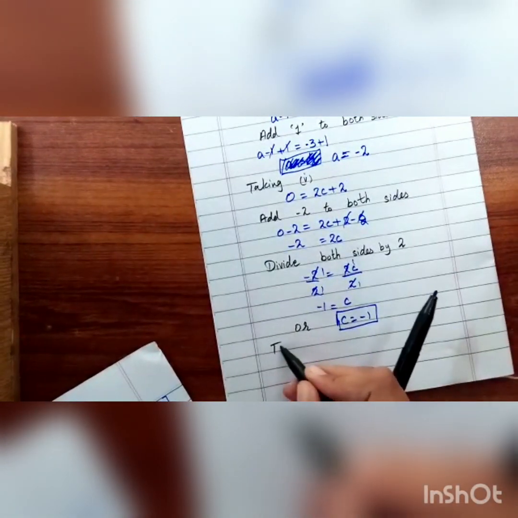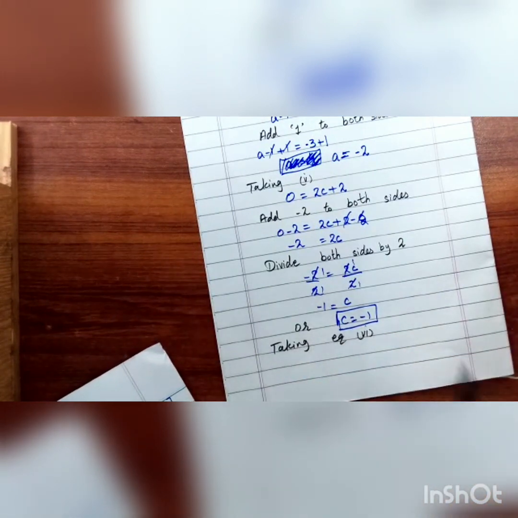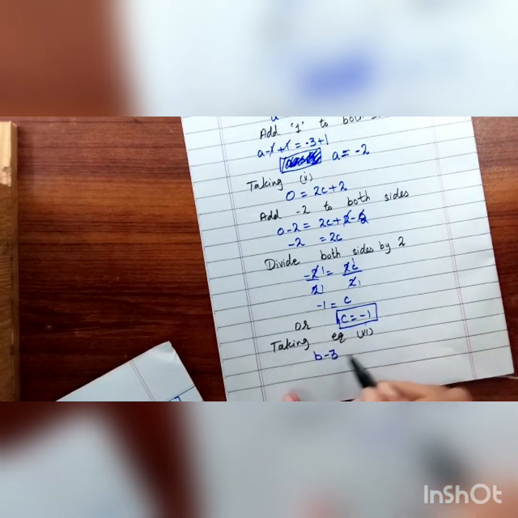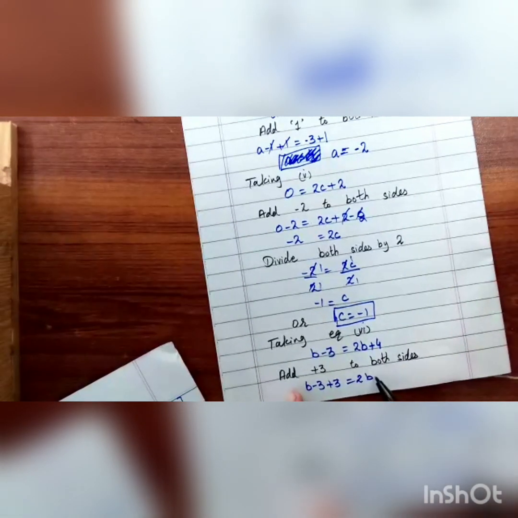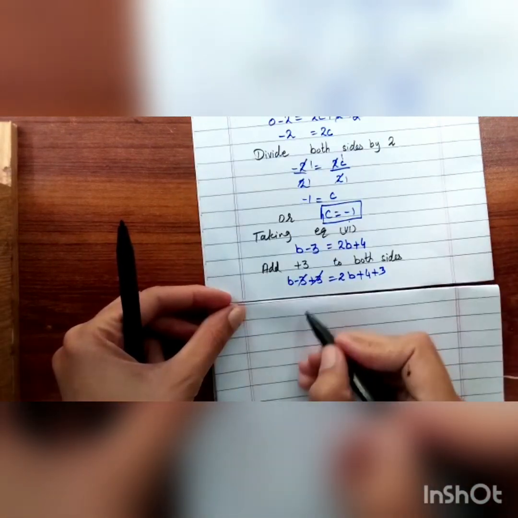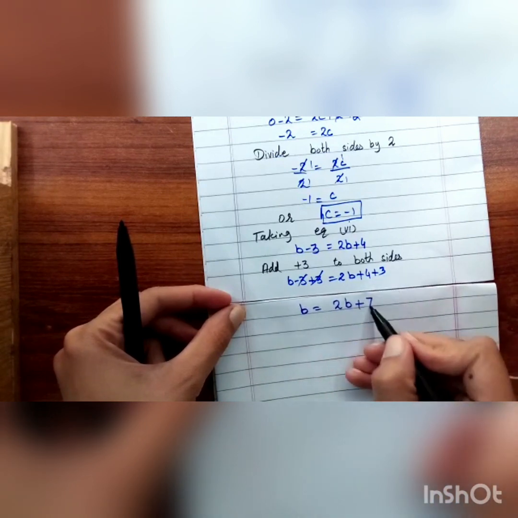So by adding plus 3 to both sides, b minus 3 plus 3 is equal to 2b plus 4 plus 3. So we got b is equal to 2b plus 7.